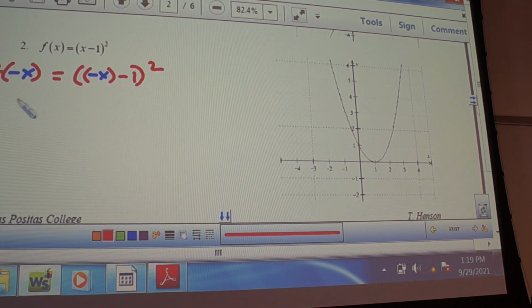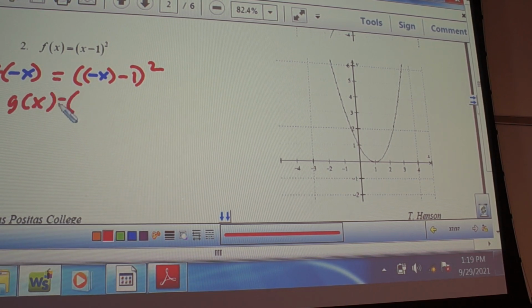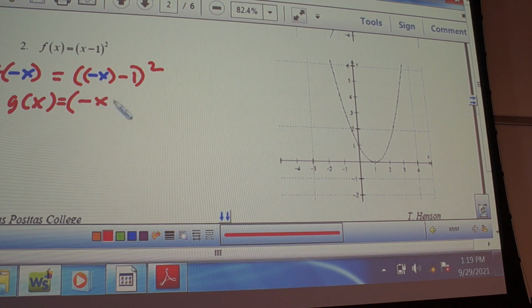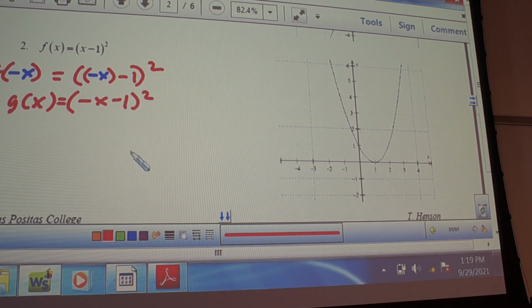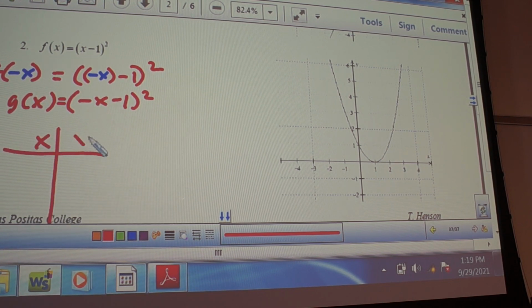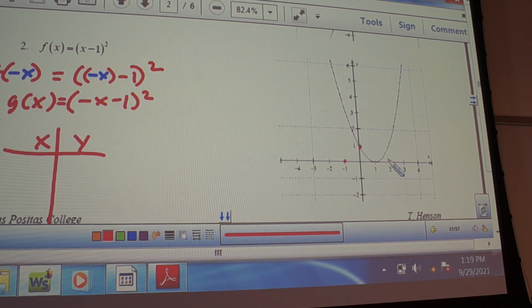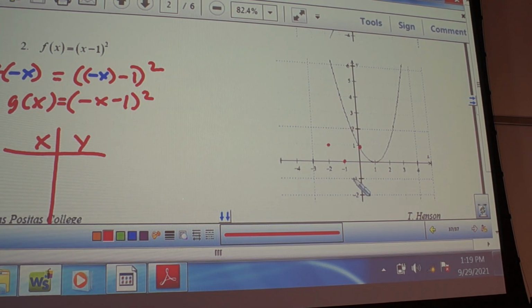And that should change this to g of x. So then g of x equals negative x minus 1 squared. Okay, so then I've done most of the hard work for you. Find your thing. And then, as you sketch this, you can sketch it first if you want. See, this one is 2 to the right, becomes 2 to the left.